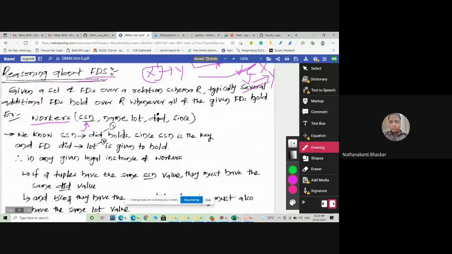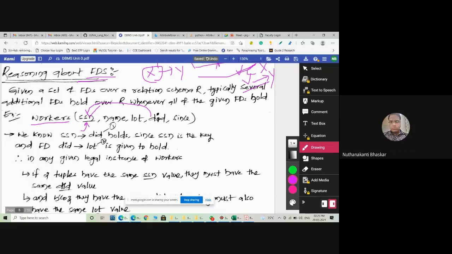So 5 attributes are there. All attributes are depending on SSN, because SSN is a primary key. Yes or no? Individually?